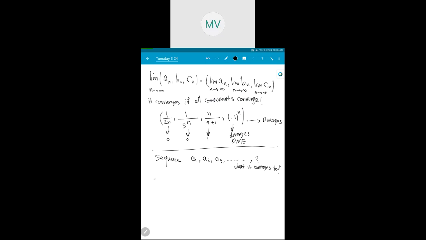Okay. Now, a series is an object built by a sequence. A series basically is the sum of all elements, or terms, of a sequence.